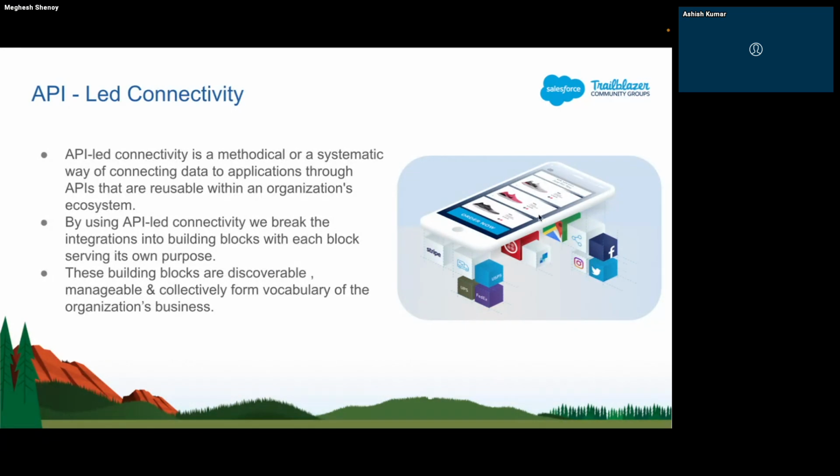So we don't create one single integration solution. Instead, we create a block for Stripe for payment, and so on. We create many integrations or many APIs. By using API-led connectivity, we break the integrations into building blocks, with each block serving its own purpose.